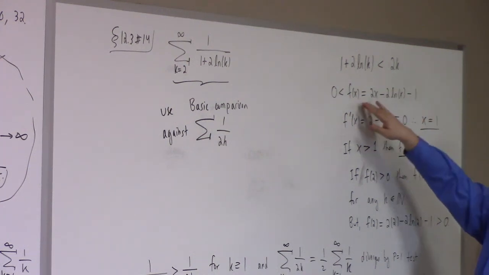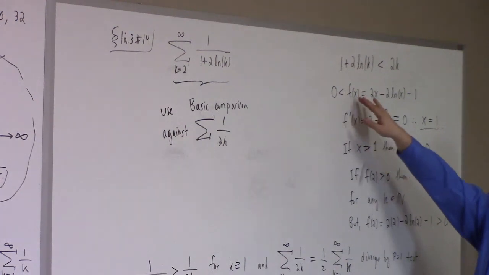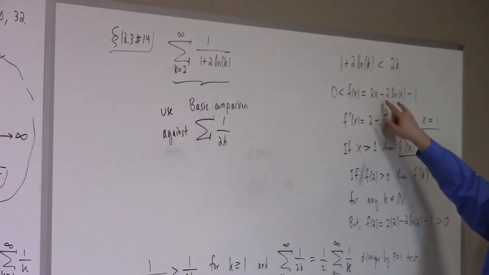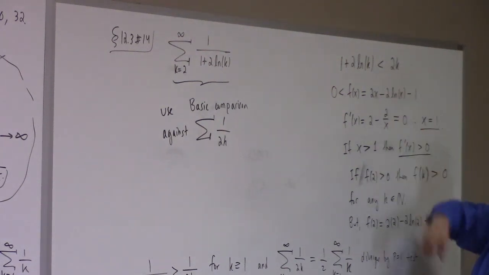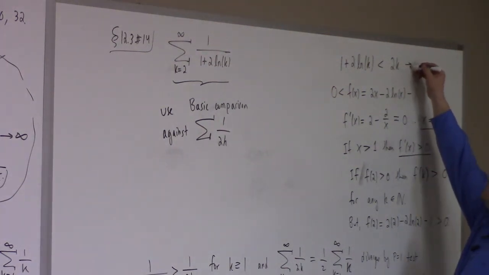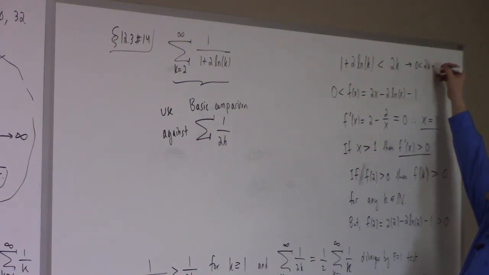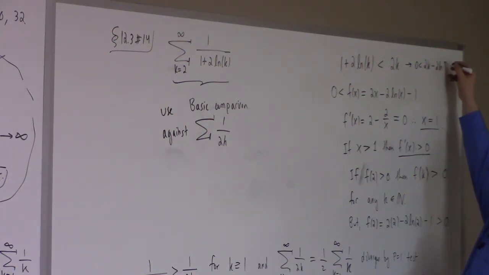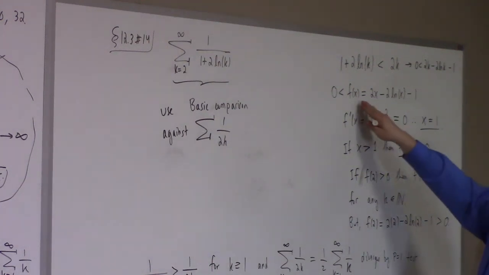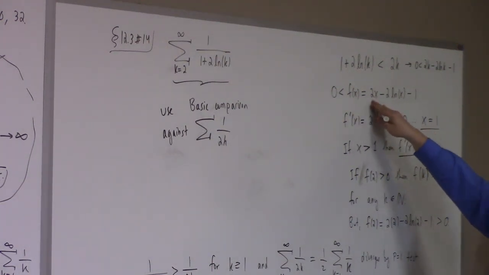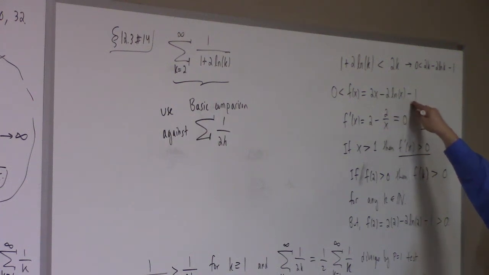I want the function f of x, built from 2x minus 2 log of x minus 1, to be positive. Basically I traded this for 0 less than 2k minus 2 ln k minus 1. I personally love calculus, so I changed this to a calculus problem: analyze the function 2x minus 2 log x minus 1.